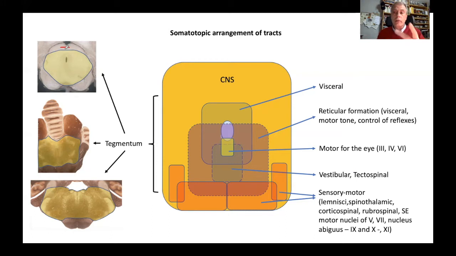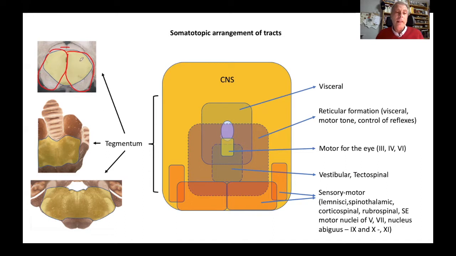There are two cerebral peduncles, 1 and 2, okay? They include inside the mesencephalic aqueduct and the periaqueductal gray matter, okay?